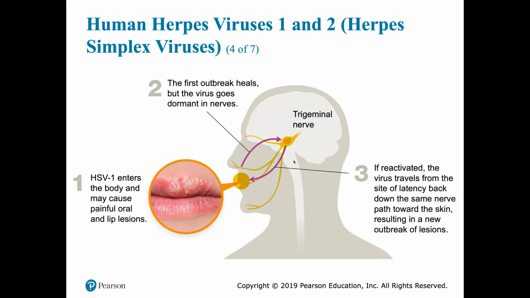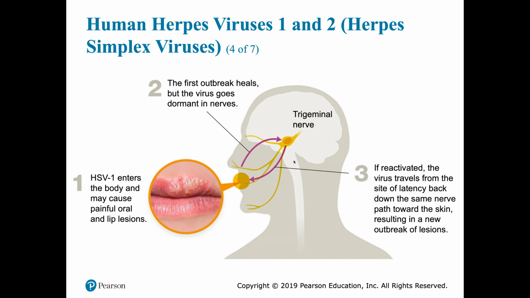So this is human herpes virus 1, HHV1. It was also called herpes simplex virus. Now we refer to it more as human herpes virus, HHV1. You may see it as HSV1, same thing. We're talking about herpes virus 1, which is cold sores.